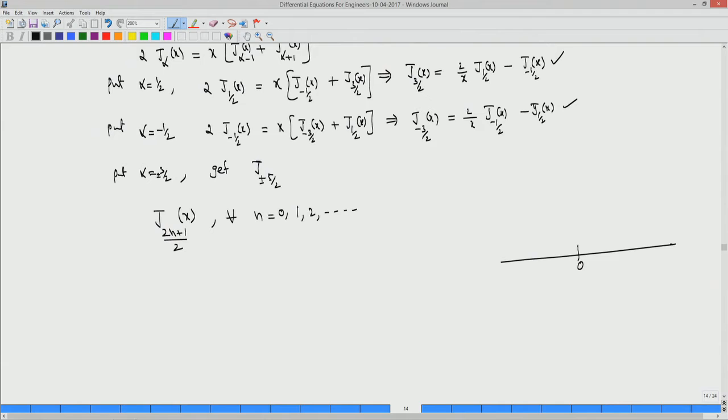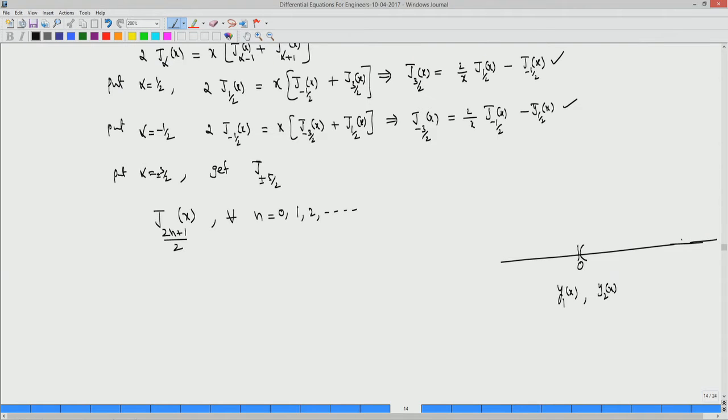The Frobenius solutions y1 and y2 converge absolutely and uniformly as a series.